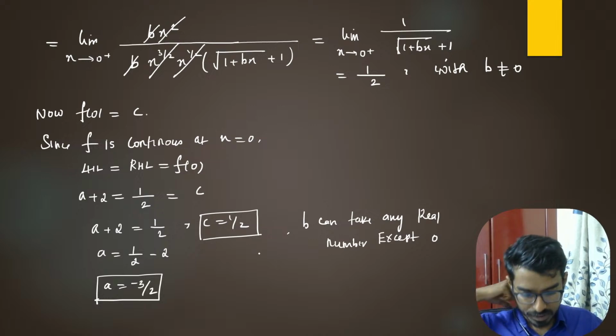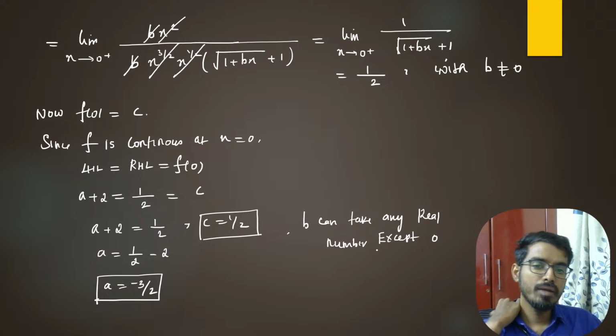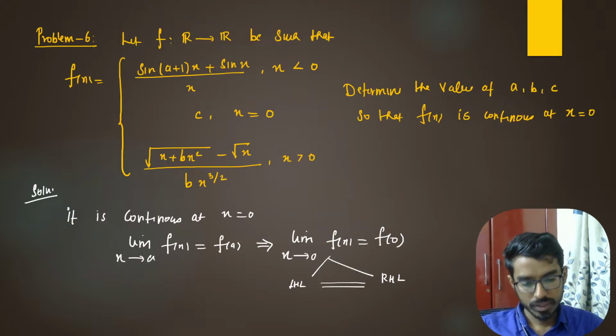So a is equal to minus 3 by 2. c is equal to 1 by 2. b can take any real number except 0. These are the values of a and b so that your function is continuous at that point.